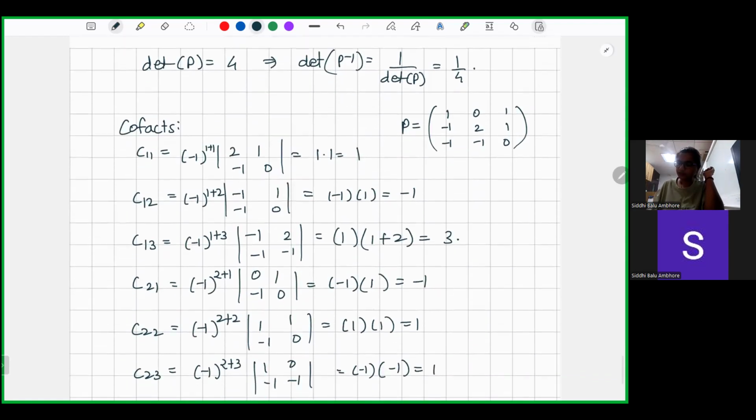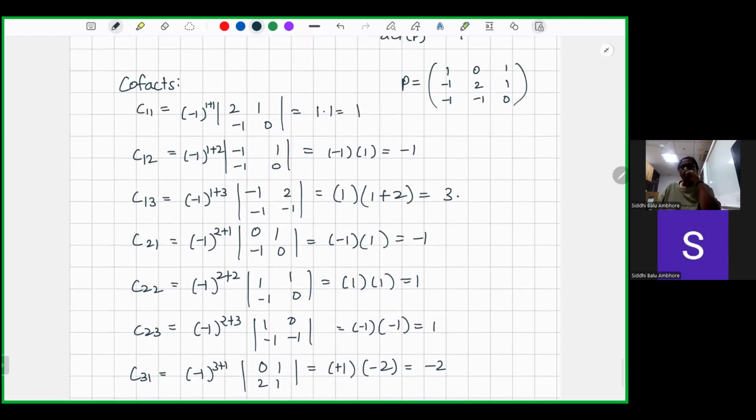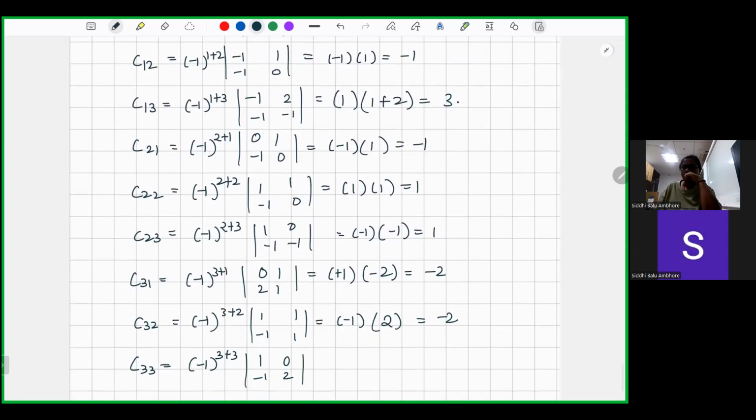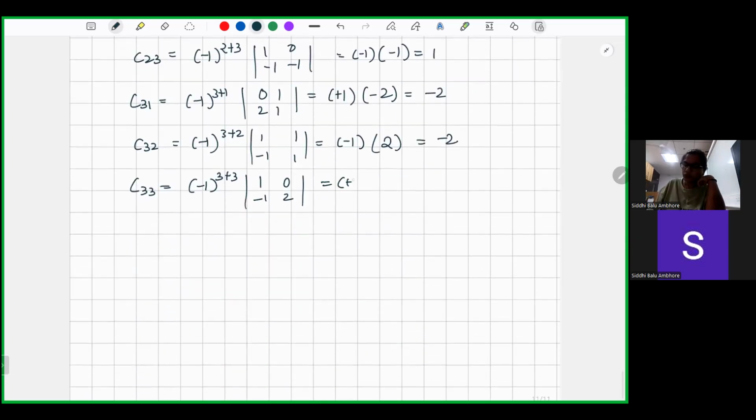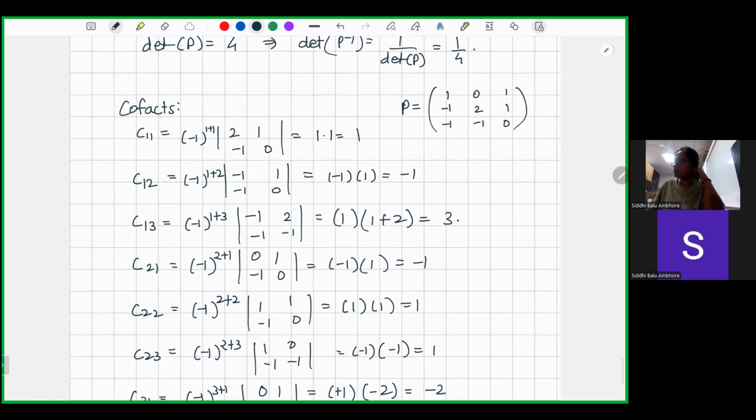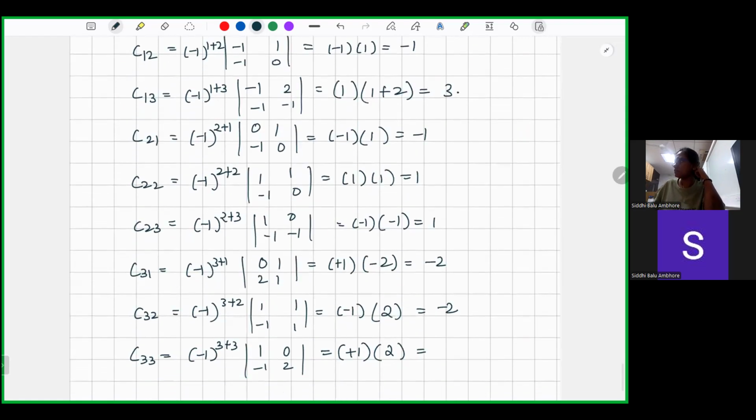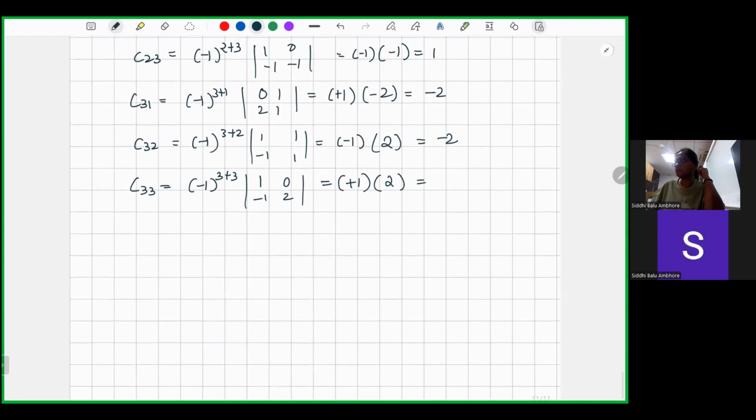Okay, where is it? And it is plus 1. I hope I am not making any mistake here. And 2, this will give me. This is correct. This is 2, that is 2.